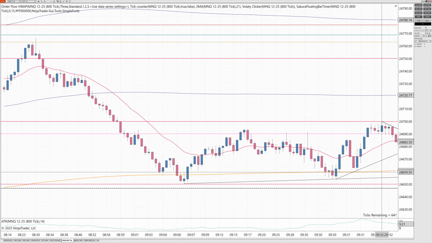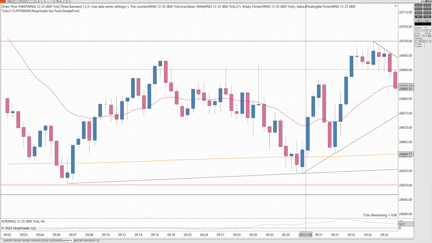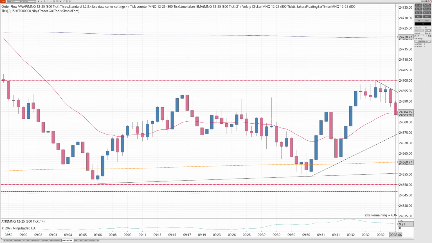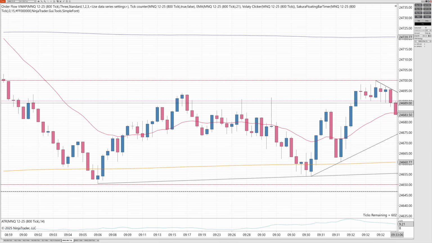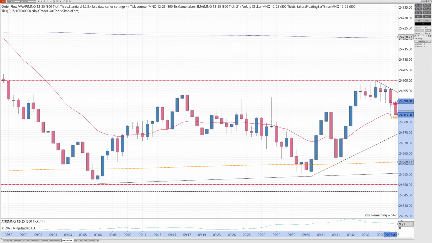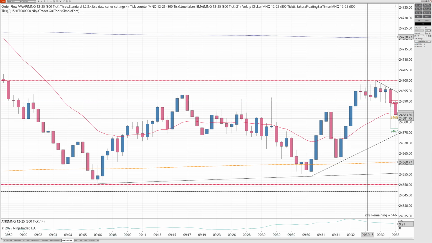And so I would probably look to take this short right here because we're rejecting off of 700, and we've finally had a candle close below the 21 exponential moving average.